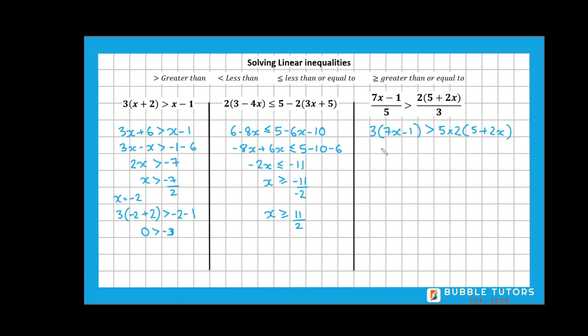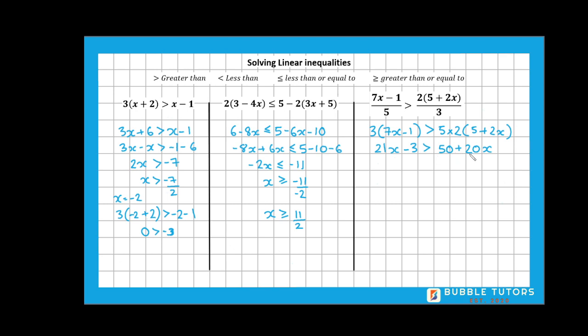And then we just simplify. So we have 3 times 7, which is 21x, minus 3 is more than, and then 5 times 2, which is 10, and then 10 times 5, which is 50, and then we have 10 times 2, which is plus 20x.